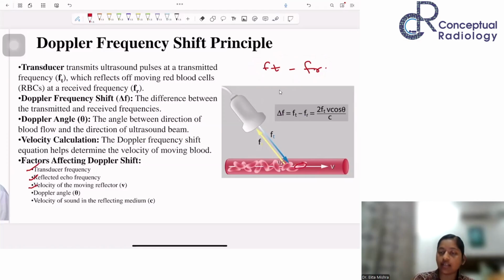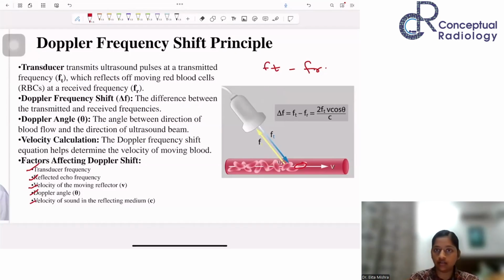So the RBC is the reflector in our case, the angle between the ultrasound beam and the blood flow, and the velocity of the sound in the medium which is reflecting it. It will vary from medium to medium. So the velocity of sound in that particular medium.